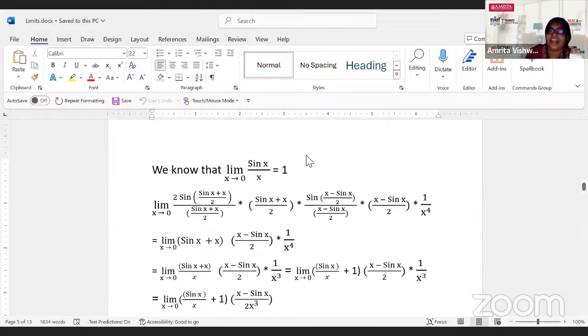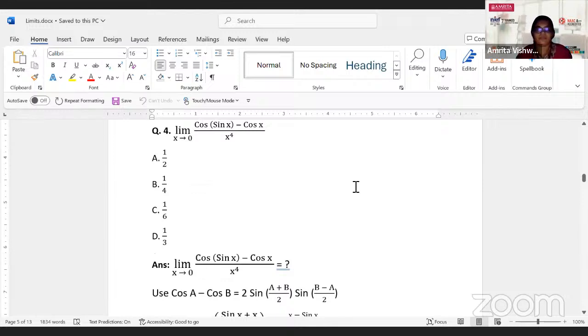I hope you remember this very beautiful formula that is going to control this whole question: limit x tends to 0, sin x by x is equal to 1. If you look at what we have expanded, it's clear that you'll be able to solve this problem easily.